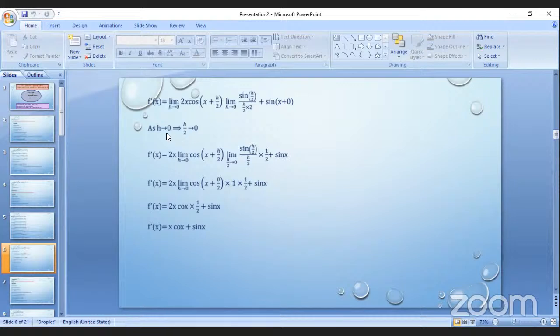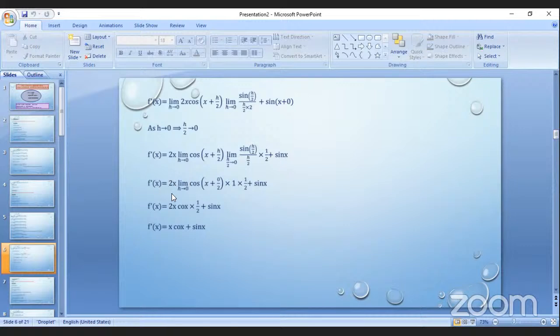So as h tends to 0, we get h by 2 tends to also 0. f'(x) = 2x into limit h tends to 0 of cos(x + h/2) into limit h by 2 tends to 0 of sin(h/2) by h/2, here 1 by 2, plus sin x.